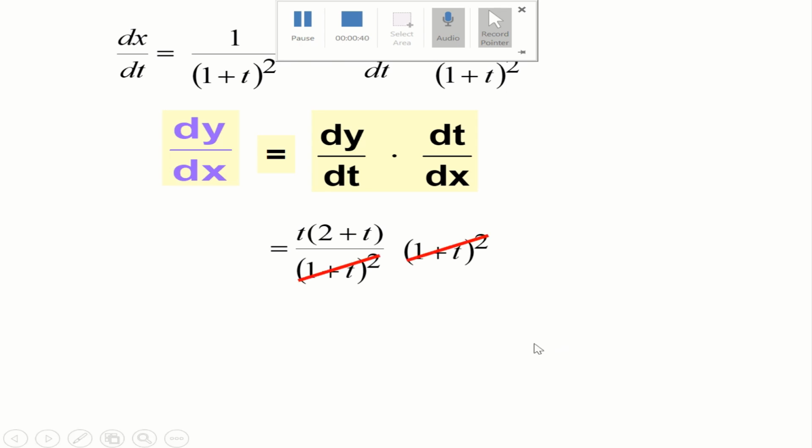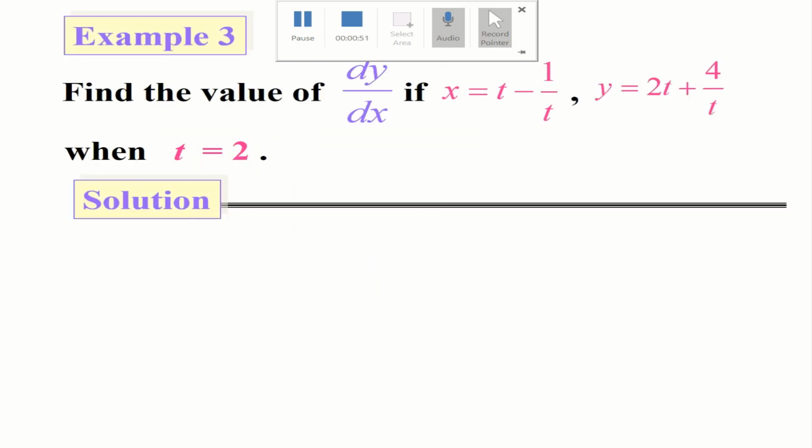Then after that we can cancel out (1 plus t) squared. Finally we get t multiplied by (t plus 2). So this is shown.